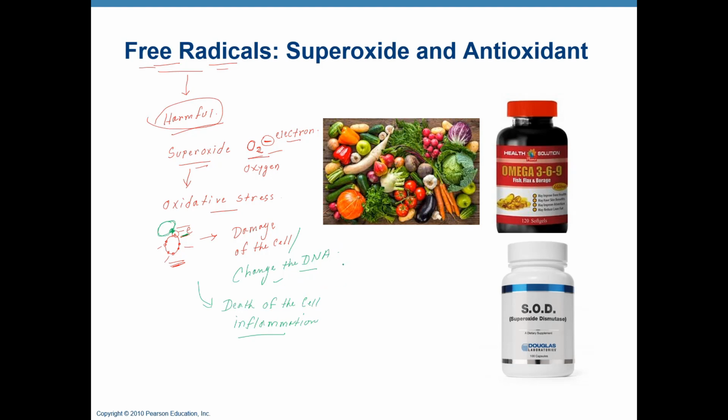All these will do what? Will make the cell either very weak, or kill the cell, or change the behavior of the cell. So that may lead to a number of diseases. And in one term, we say that superoxides can cause aging of the cell.